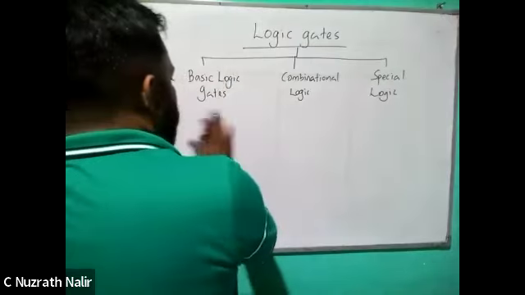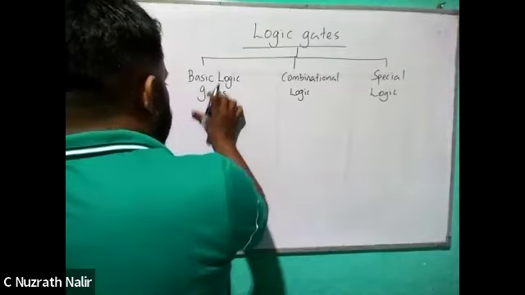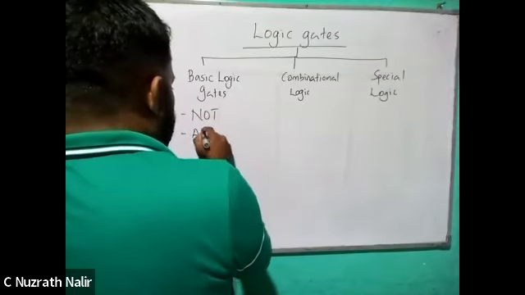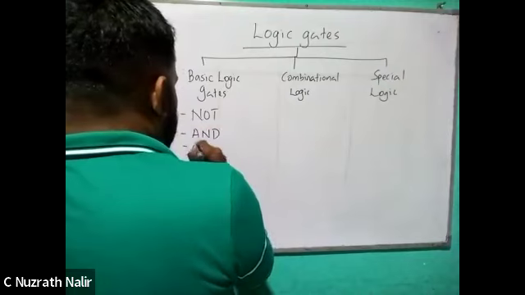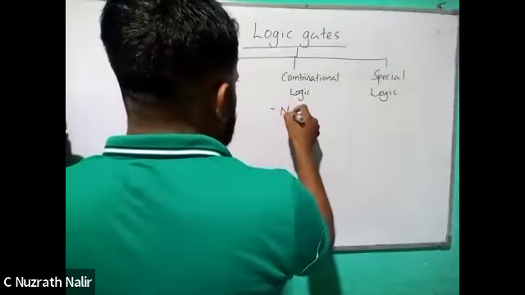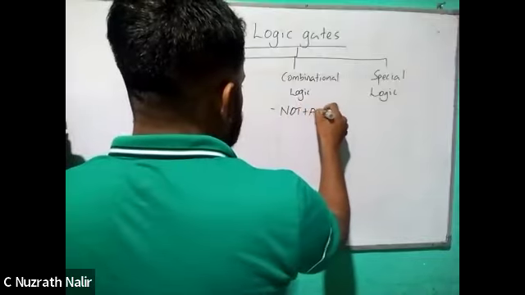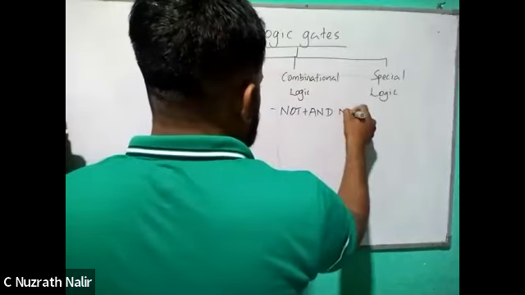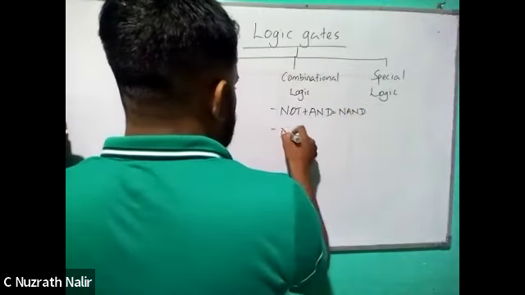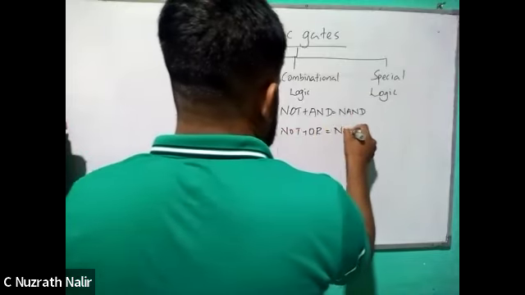So the basic logic gates, there are only AND gate. Sorry, let's start with the NOT gate, AND gate, OR gate. Combinational: NOT plus AND, NAND; NOT plus OR, NOR.